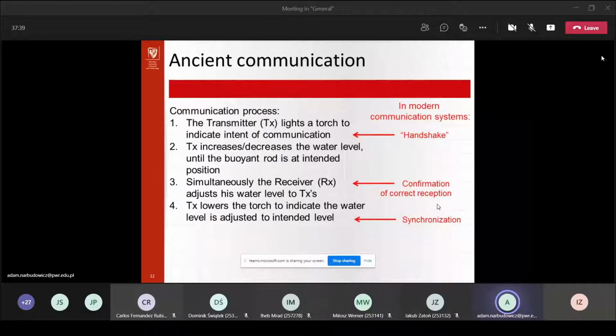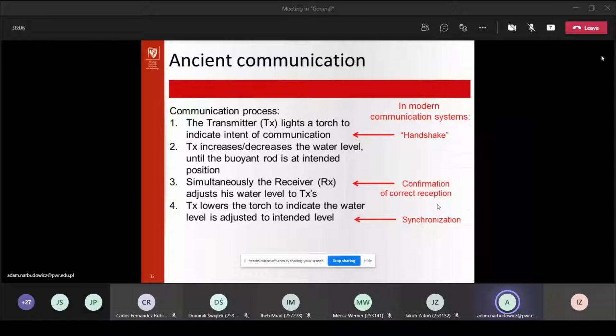This is basically confirmation of correct reception, right? So at the end of the day, you don't want to just transmit things and hope for the best that they will be correctly interpreted by the receiver. You actually want to embed some form of a mechanism so that you can say, okay, yes, I know, the guy got it.